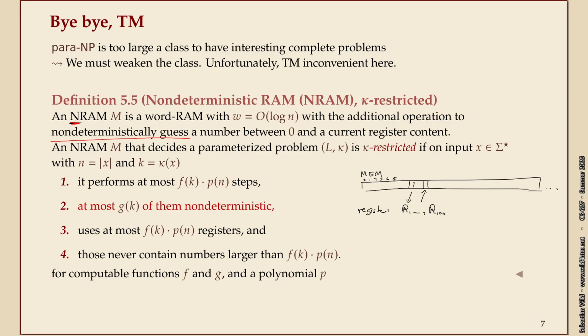Then we'll say such an NRAM decides a parameterized problem, language and parameterization, in the usual way. How do we define acceptance? I guess we have some output register, and that contains a 0 or 1.